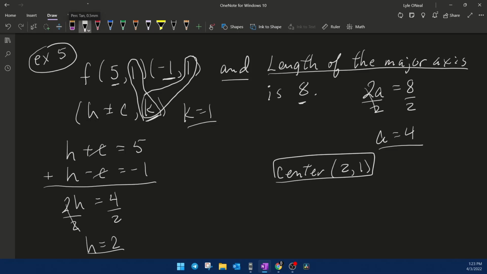Okay, back to business. Remember, if I know h, I can come back up to this equation, replace h with what it is, and then I can solve for c.